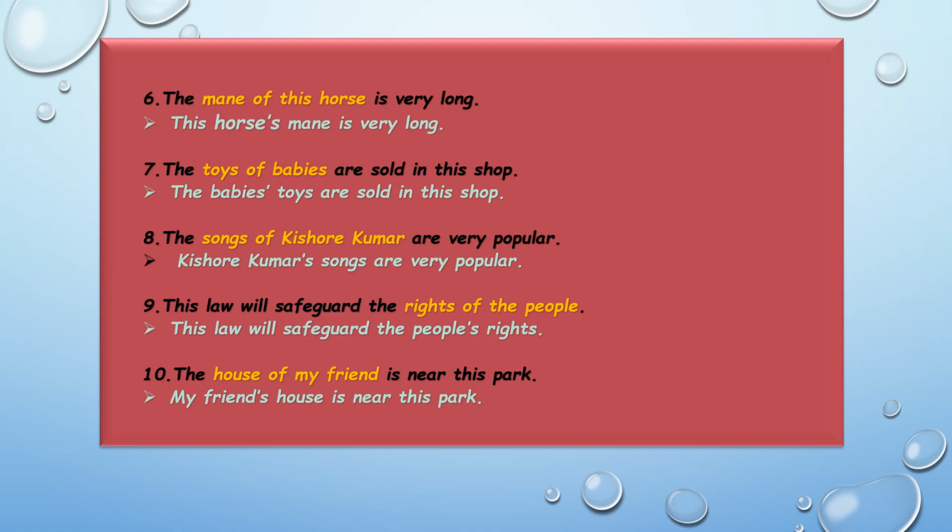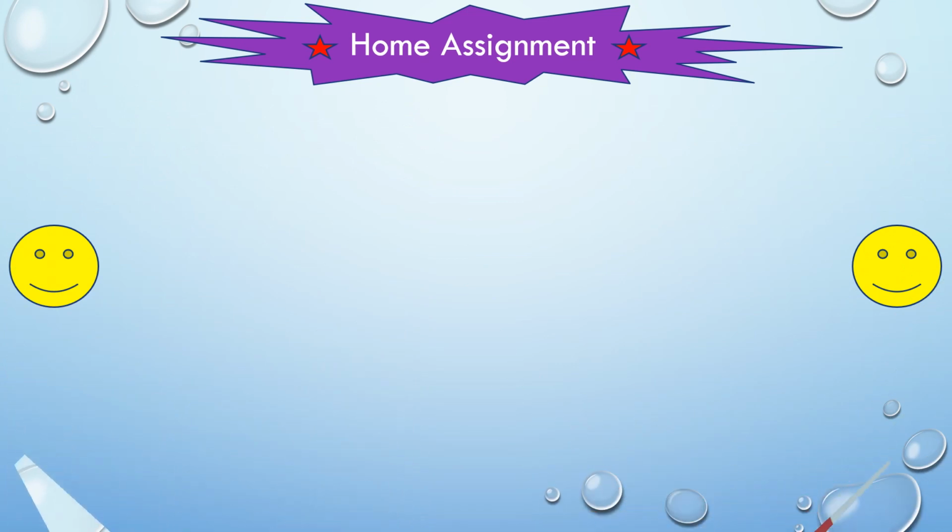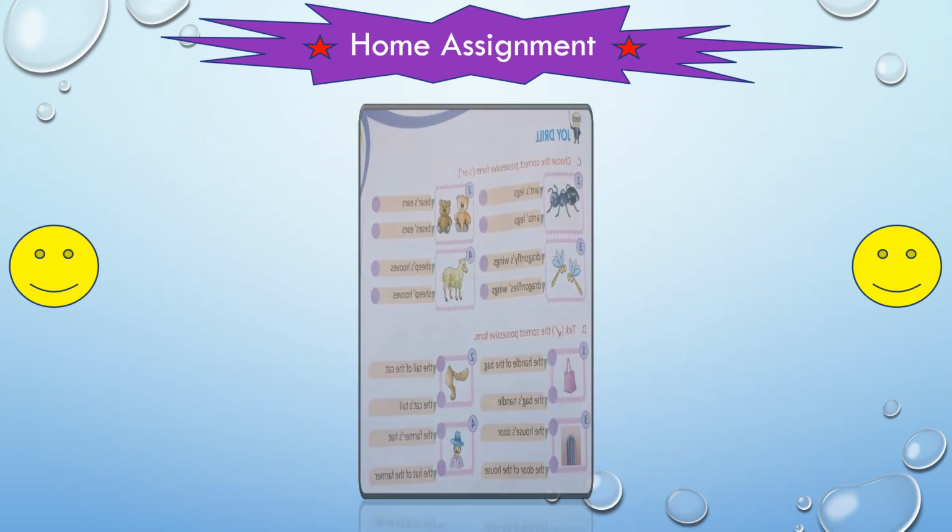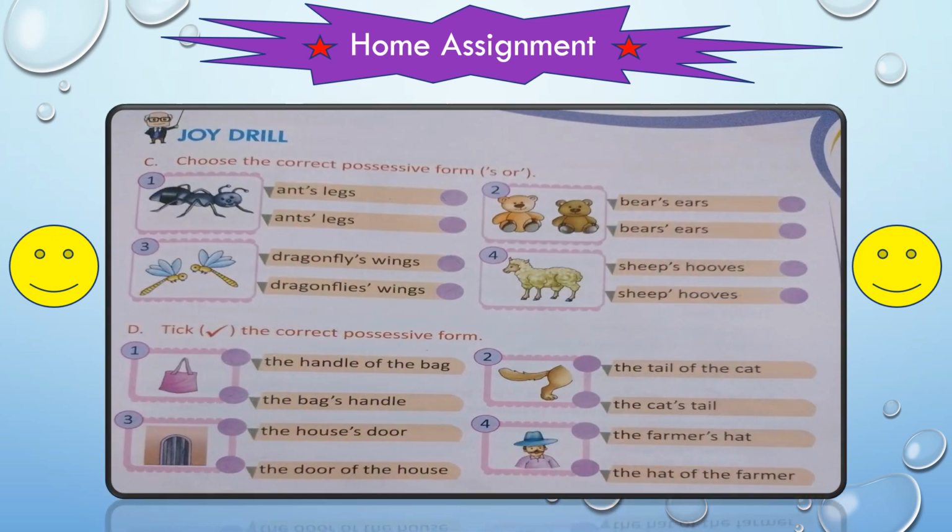Now children, here is a home assignment for you. And this home assignment is a joy drill. See, in both the exercises, exercise C and exercise D, you have to choose and put a tick mark to the correct possessive form.